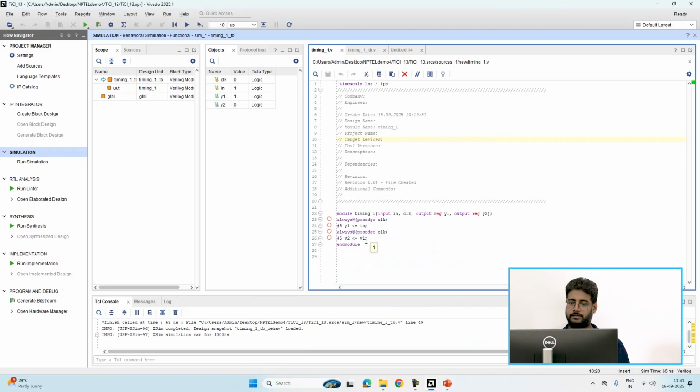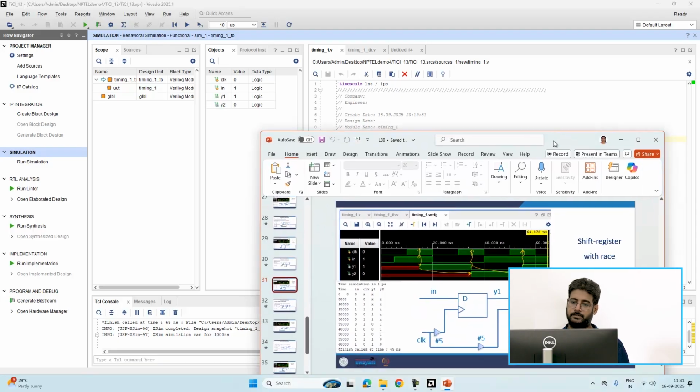As it is non-blocking, this assignment had not happened for y1, so it still showed the previous value of y1, and then it got assigned and showed the shifted value here. So it's a shift register with a race condition. For this part the input was not available. Then we will move on to example number 14.